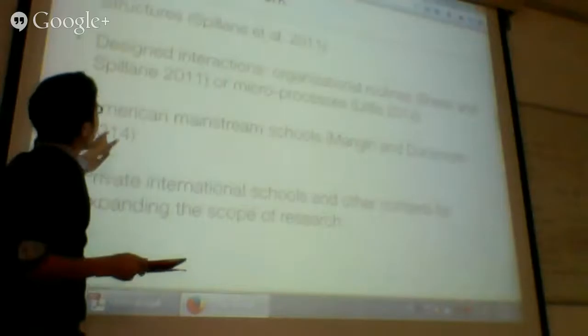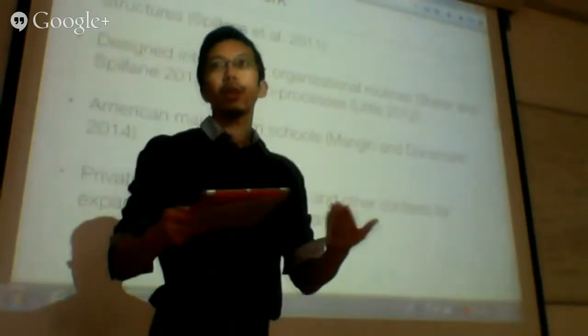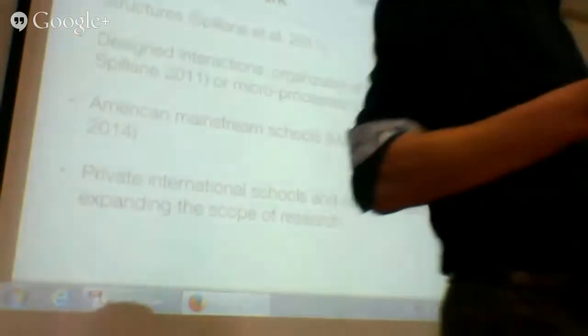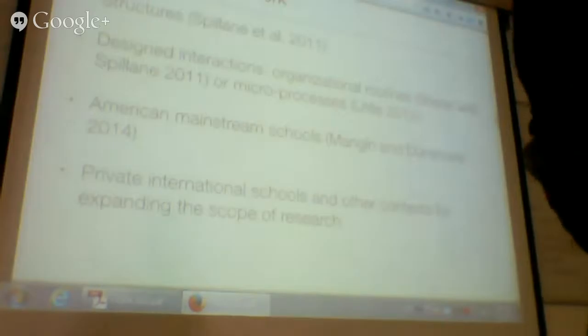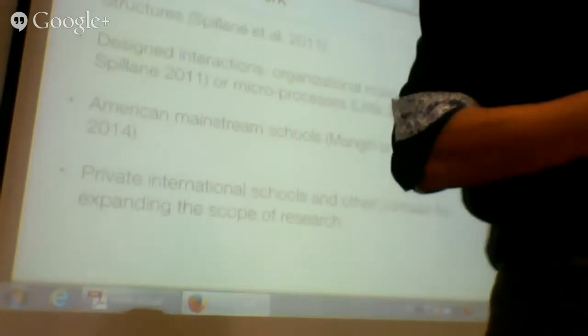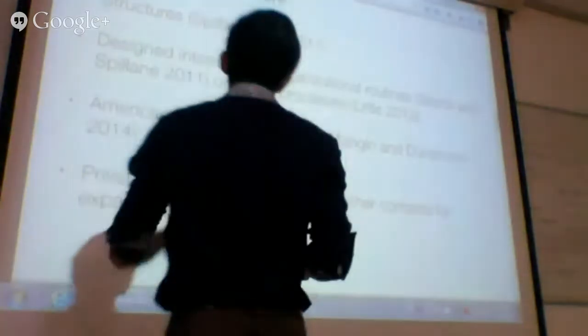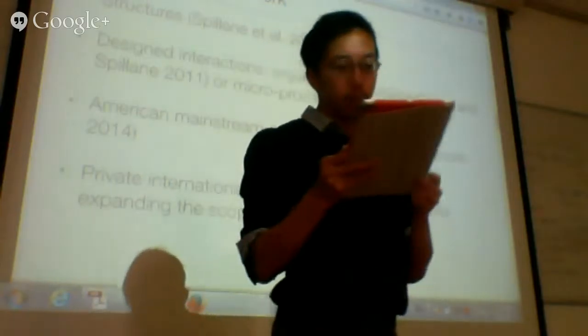Within these structures, there are interactions, and some are ad hoc, like you just meet people at the water cooler. But often, many are designed, like this meeting here. Regular meetings are designed interactions. They go by different names, like organizational routines or microprocesses in the literature.